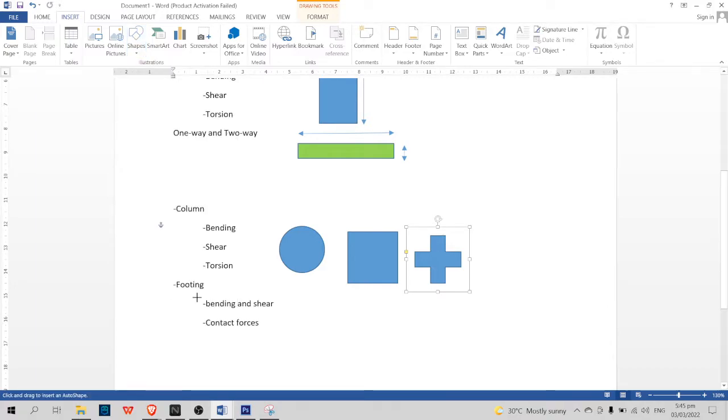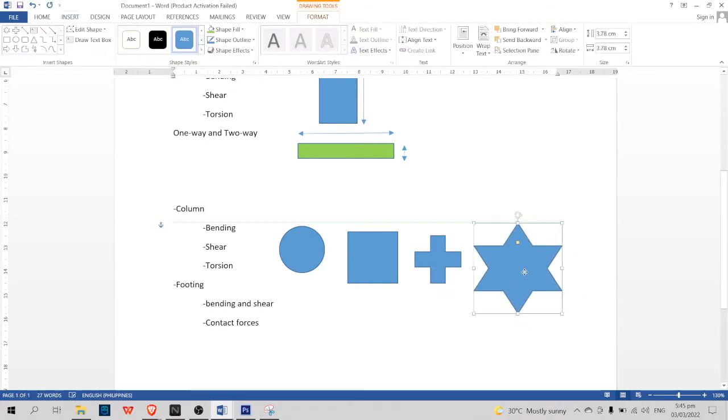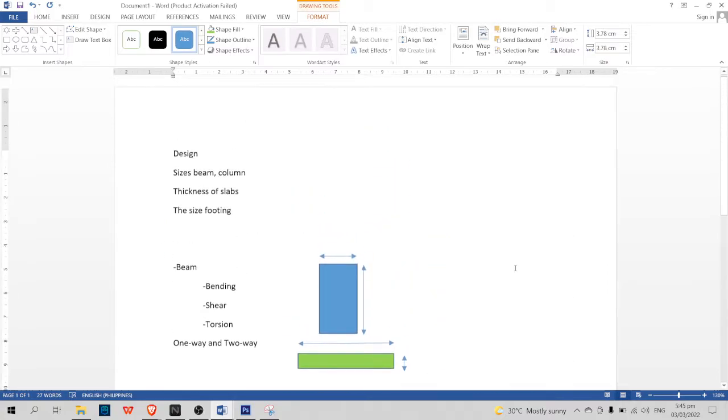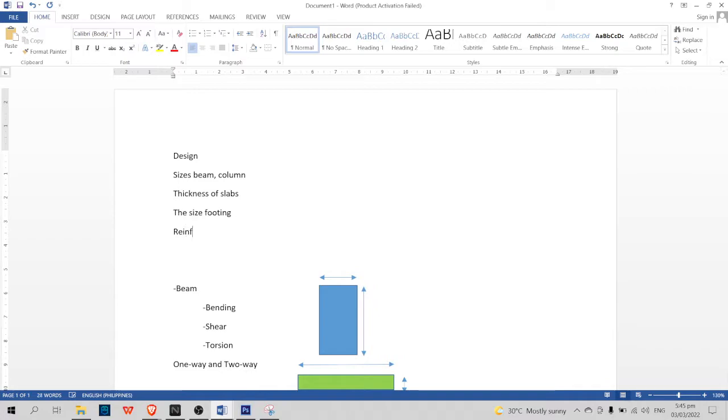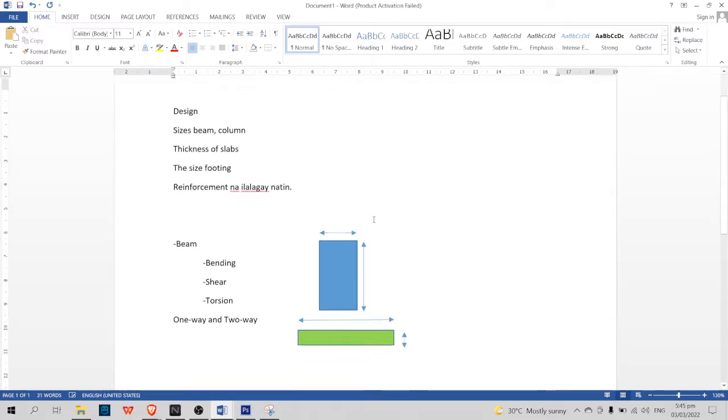So, pwede rin maging ganito ang column natin. So, it's up to the architect kung anong gusto niyang itsura ng column niya. And it's up to us kung ano yung adequate. Another aim natin is not only the sizes but the reinforcement na ilalagay natin. Yun din yung isang i-design natin.